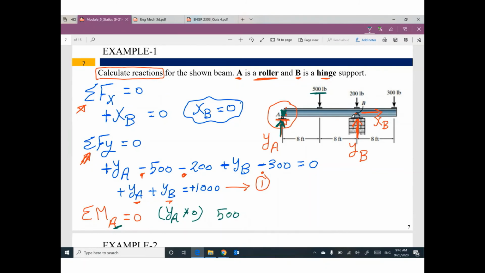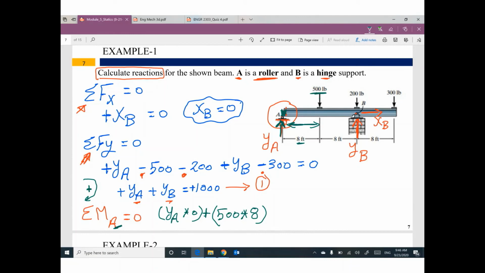And this 500 has a distance between 500 and the point A, how much? 8 feet. And this force is rotating clockwise. I'm going to assume it positive.